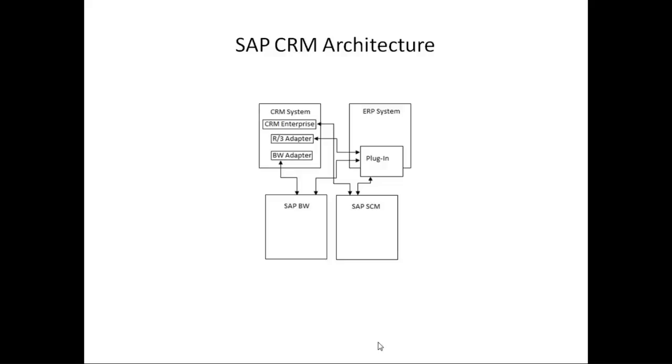So here we can see the data will get exchanged between the CRM system and a connected ERP system using the CRM middleware concept. And also a plugin is installed in the SAP ERP system, which acts as a counterpart to the R3 adapter in the SAP CRM system. And this supports the data communication between the two systems.